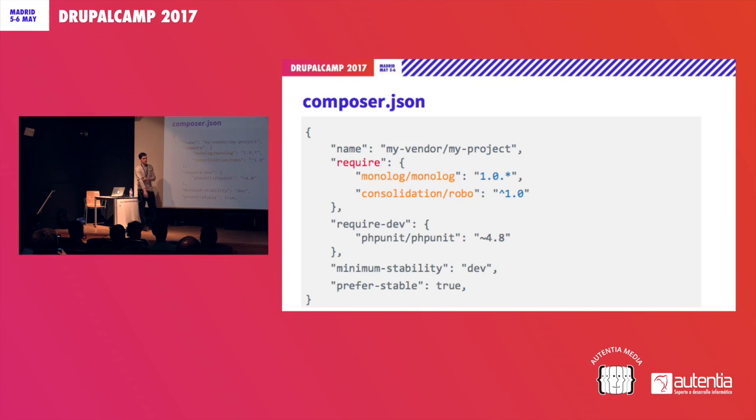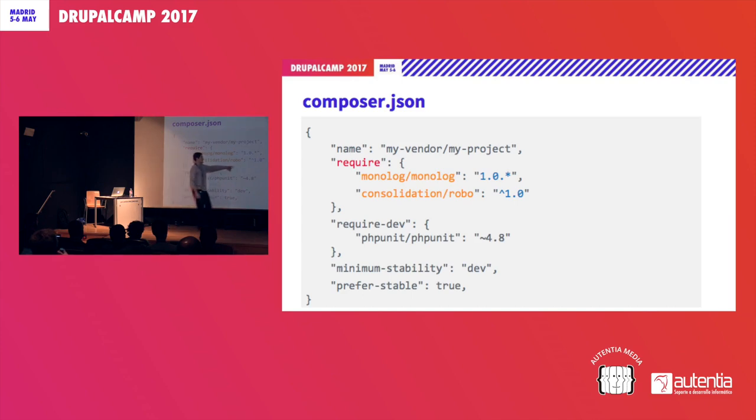Of course, this is all stated in the documentation, and it allows us to use wildcards to accept, for example, anything that starts with 1.0.whatever. And we can also use the caret symbol to tell Composer that we are happy to accept any version of Robo that is in the minor version number 1.